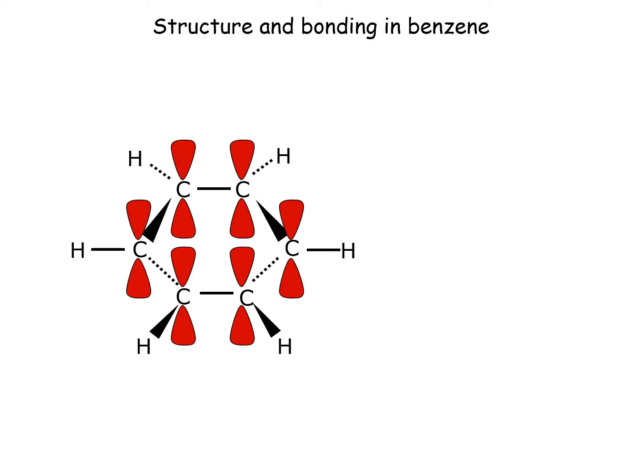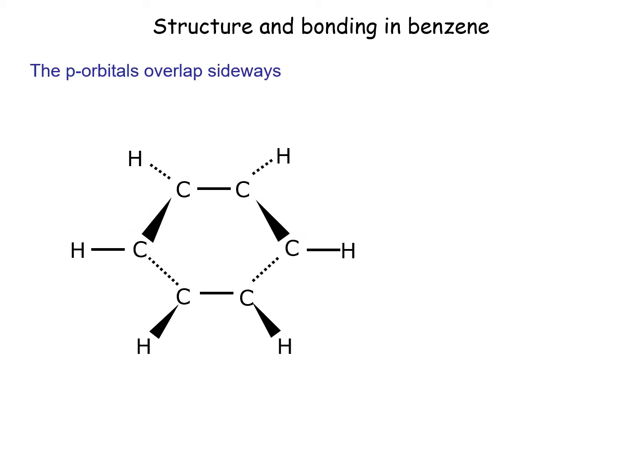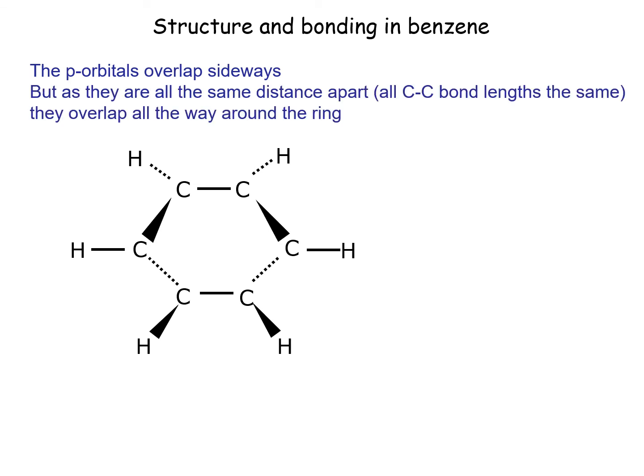Now we know that when you get p orbitals on carbons that are next to each other, they'll typically overlap side by side. We studied that in alkenes, and we've seen a localized overlap over 2 carbons. Now here, every single carbon has a p orbital, and every single carbon is the same distance from the next carbon.